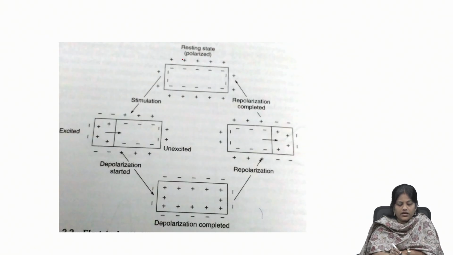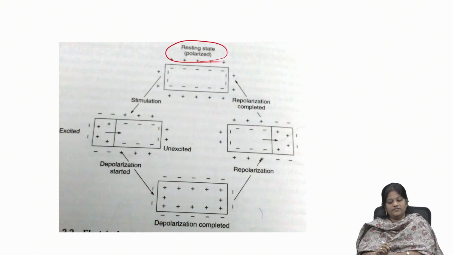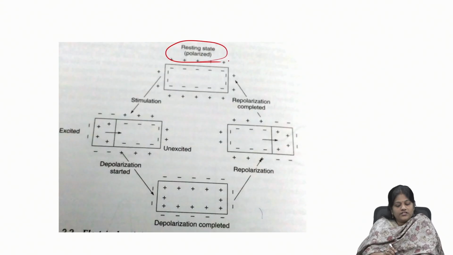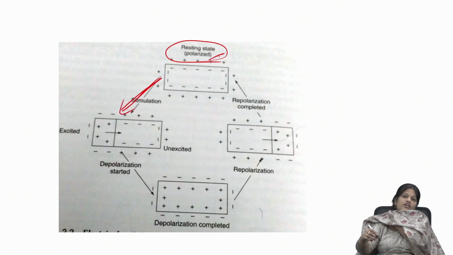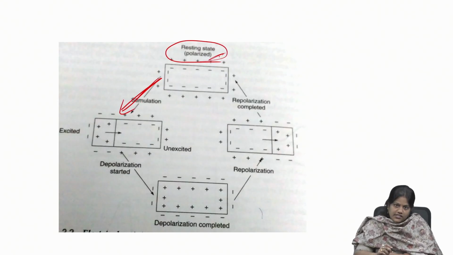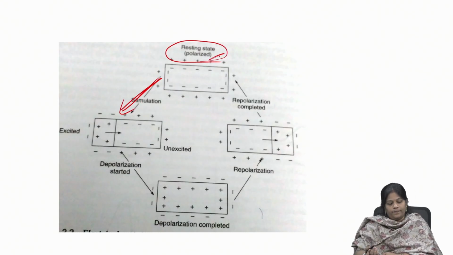First, what we are calling the resting state. At that time the cell is called a polarized cell. After the resting state comes stimulation, which means some amount of ionic current is applied.